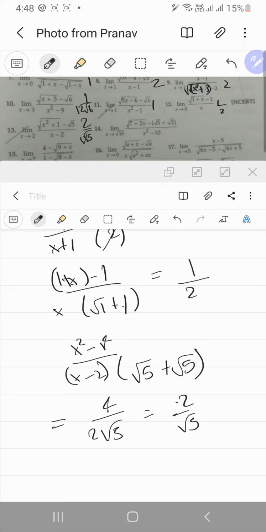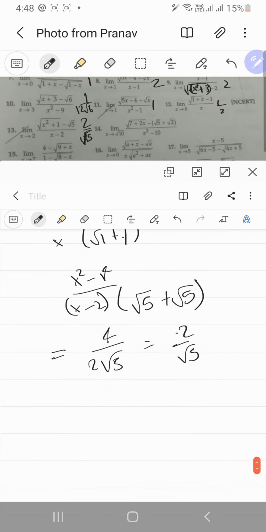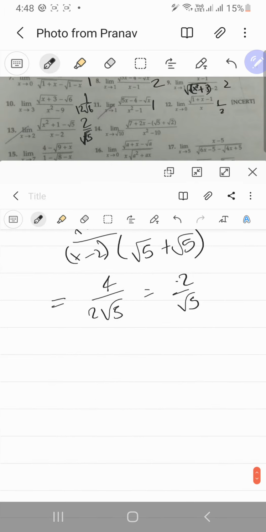Okay, cool. Next question. X tends to square root 10 of, okay, is there a 0 by 0 substitution in the first place? Square root 10, 7 plus 2 square root 10 minus 5. Wait a second, 7 plus 2 square root. Oh okay, yeah, in fact it is correct. So just need to rationalize this, right?